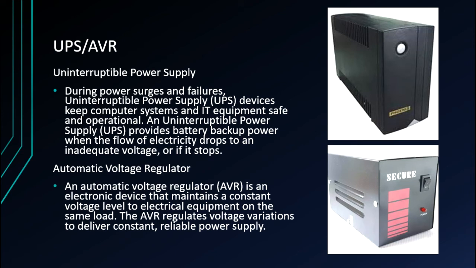Okay, so next and lastly is our UPS. Okay, so uninterruptible power supply and automatic voltage regulator, it has the same characteristics, which is to regulate electricity coming from our 220 socket or 120 110 socket.